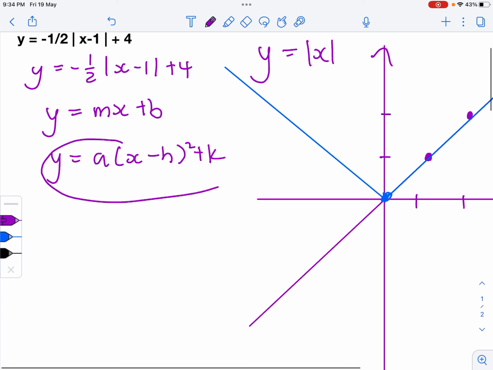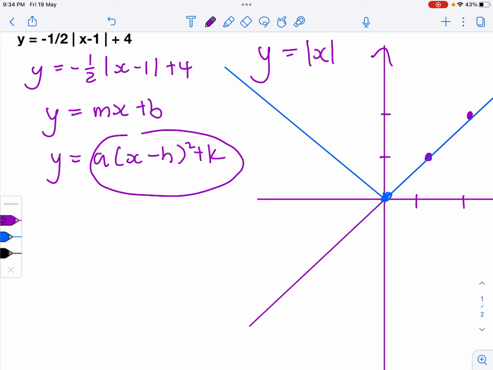If we take a look at this vertex form of a parabola here, if you remember what we have learned before, we can easily find a vertex just by looking at this equation because we have h and k. Now remember, how do we find the vertex? If we know the value of h, the vertex is going to be (h, k).